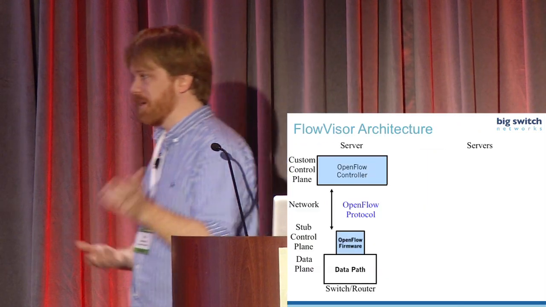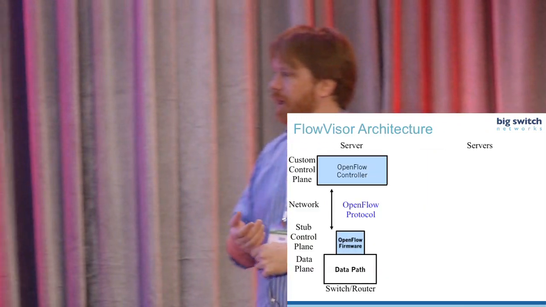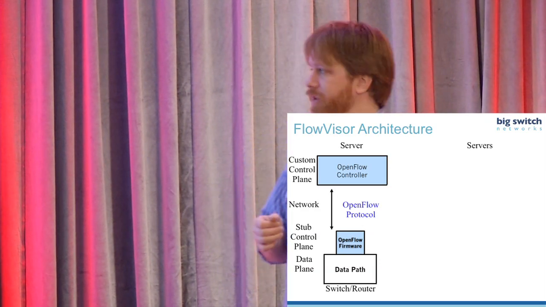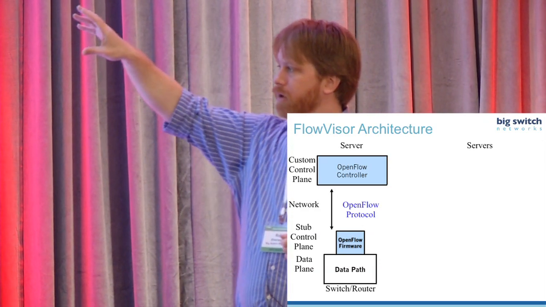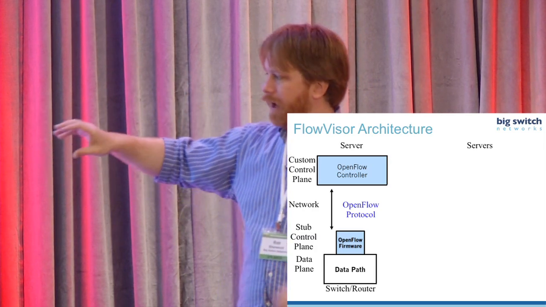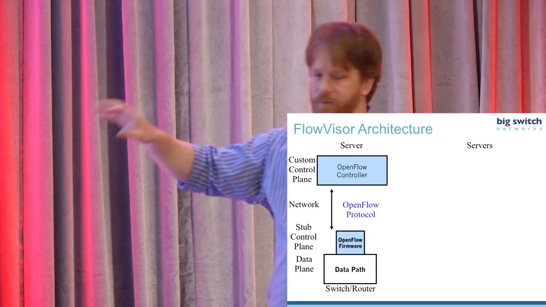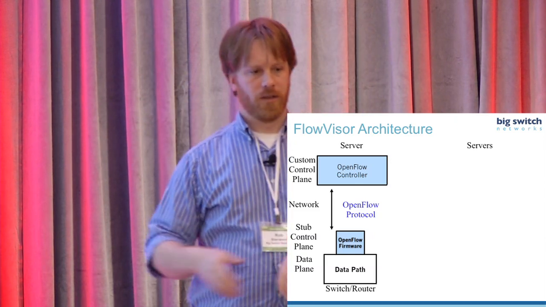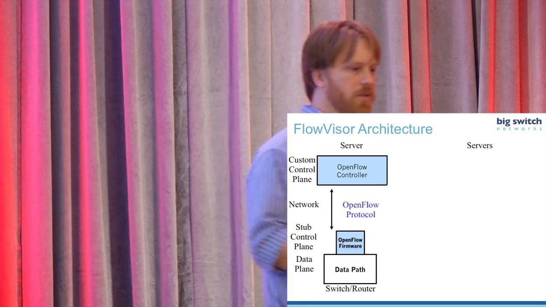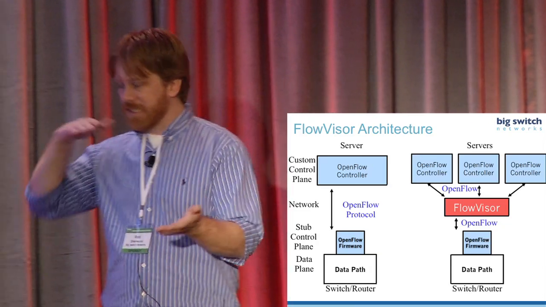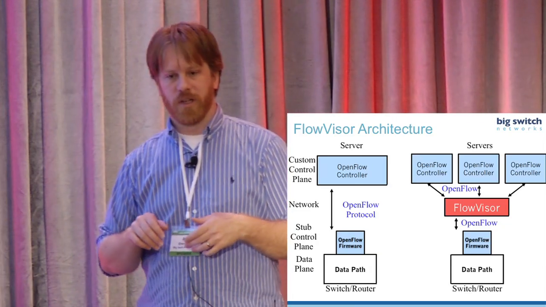So how does this crazy thing work? This picture should look reasonably familiar from Brandon's slide. Imagine we had an OpenFlow controller on the top, and an OpenFlow-enabled switch or router on the bottom. I've drawn the inside of that to show the OpenFlow firmware and the actual ASIC. Between these two, we're speaking the OpenFlow protocol. So what we're going to do is slide in a virtualization layer.